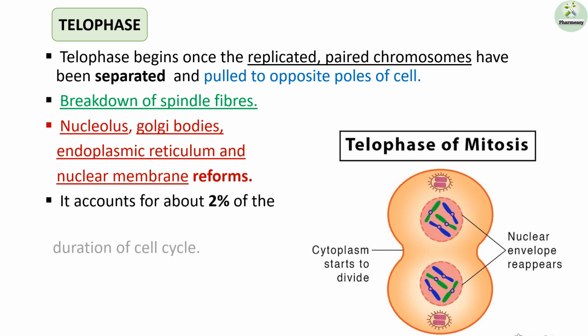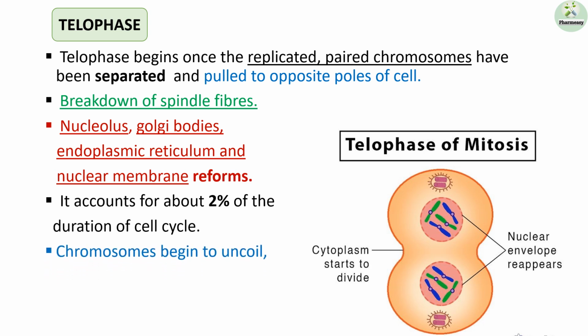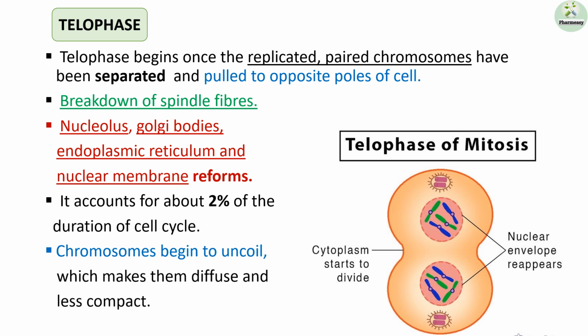It accounts for about 2% of the duration of the cell cycle. Golgi bodies and endoplasmic reticulum appear in telophase. Chromosomes begin to uncoil, which makes them diffuse and less compact. In the diagram, nucleus is separated but cytoplasm starts to divide and nuclear envelope reappears.